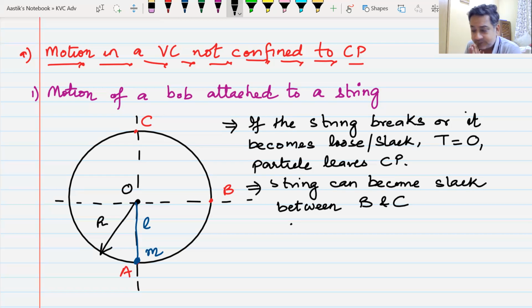Do we understand this? Now, what will determine where it becomes slack? The speed at point A. The speed at the lowest point determines if the string is going to become slack or not. Yes or no?